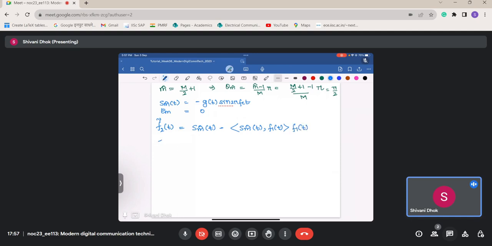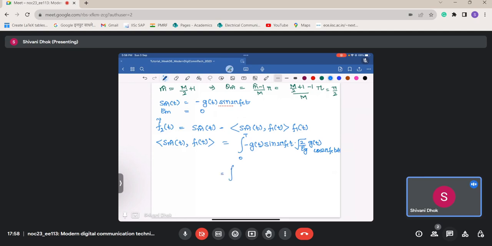Okay, so now let us look at this inner product of SM hat t comma f1t, and this comes out to be the integral from 0 to capital T of minus gt sine 2 pi fct multiplied by 2 by under root of 2 by Eg gt cos 2 pi fct dt.